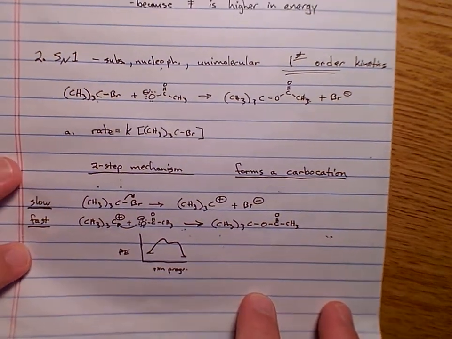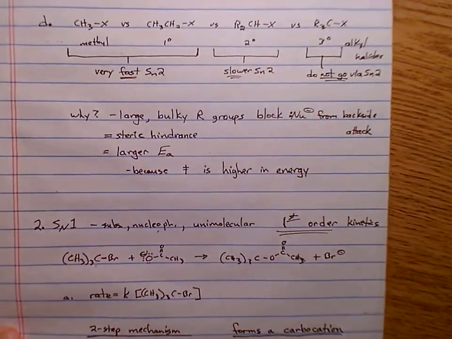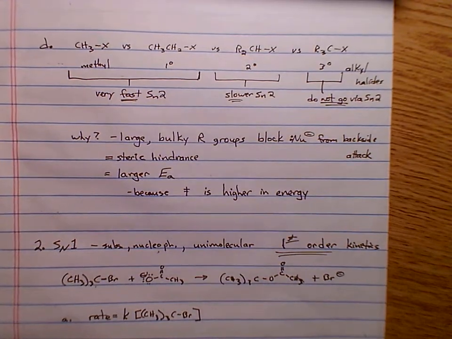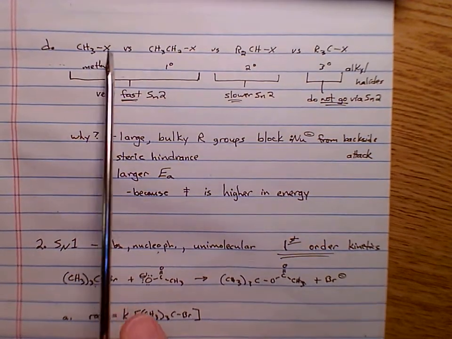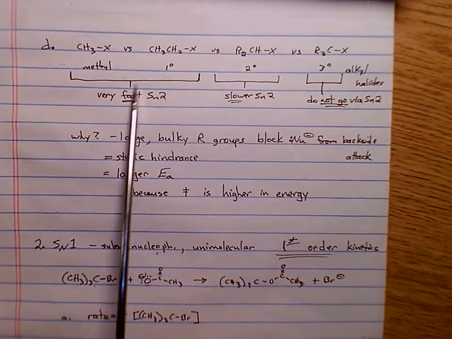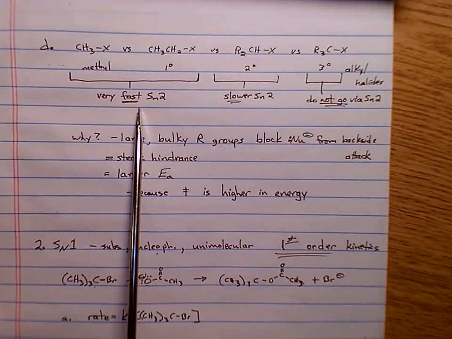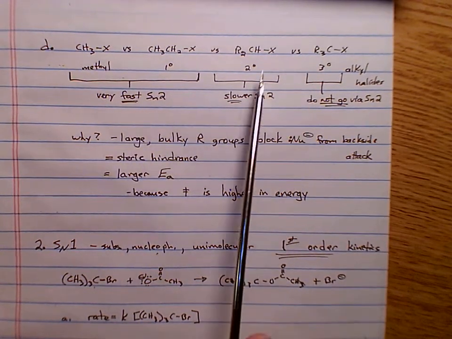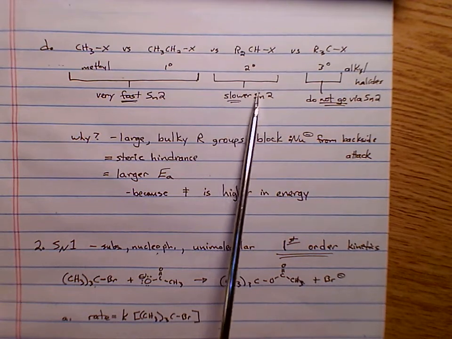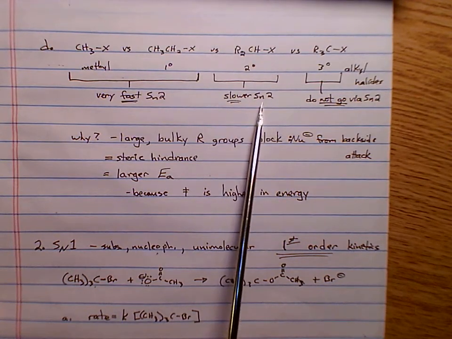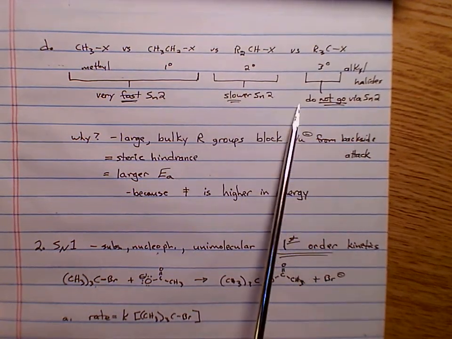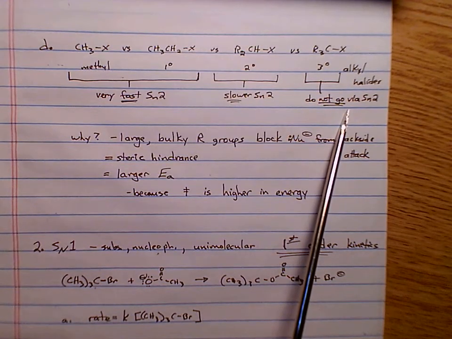So when we're looking at this SN2 reaction mechanism, the one thing we find is that methyl and primary alkyl halides do very fast SN2 reactions. Secondary alkyl halides do SN2 reactions fairly slowly, and tertiary alkyl halides really do not go via the SN2 mechanism.